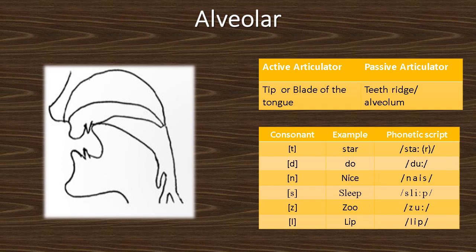The sounds t, d, n, s, z, l are all alveolar sounds in the English language.